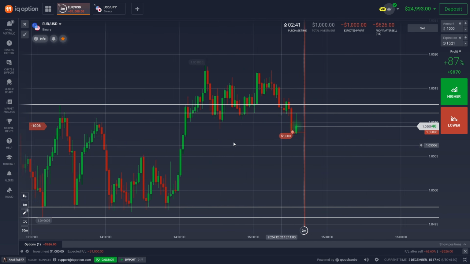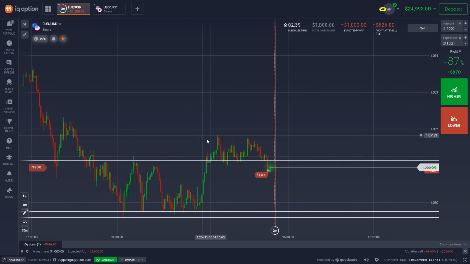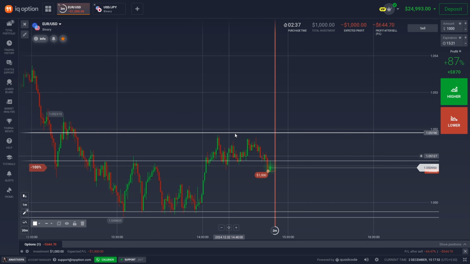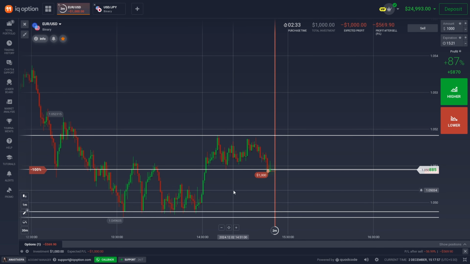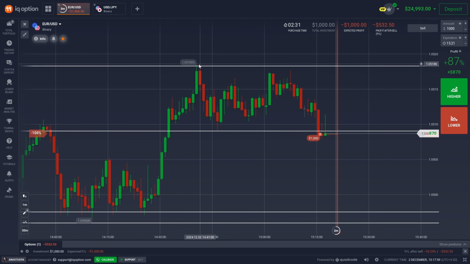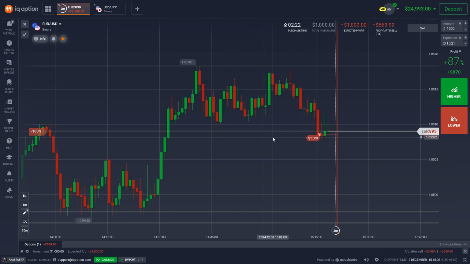But after that, what happens? The market didn't go up that much, but it created this zone in which this was the resistance and this was the support. The market was moving in that range, which means that the market was a ranging market, a sideways market, neither an uptrend nor a downtrend.